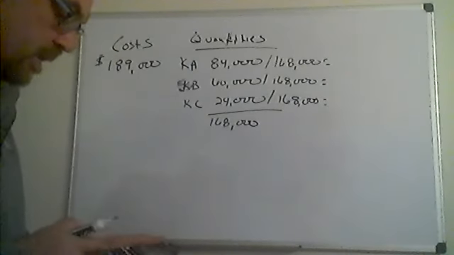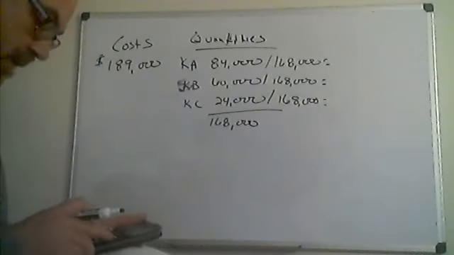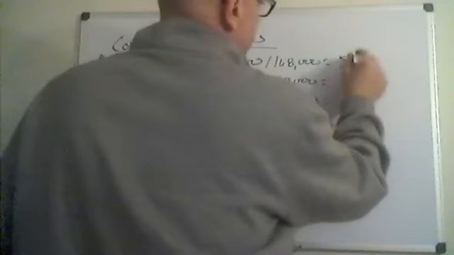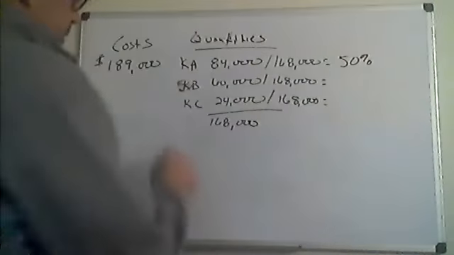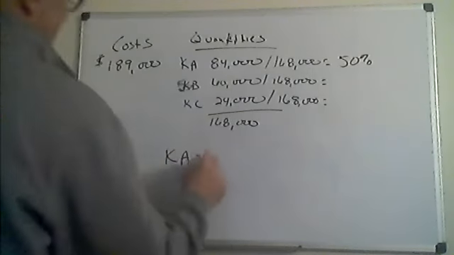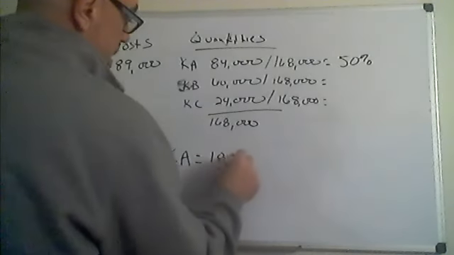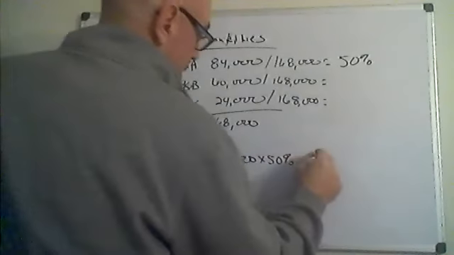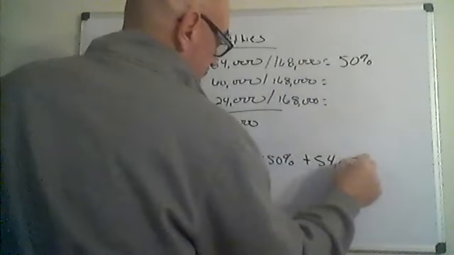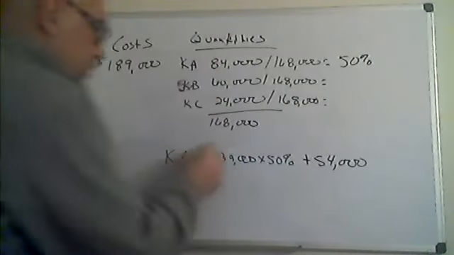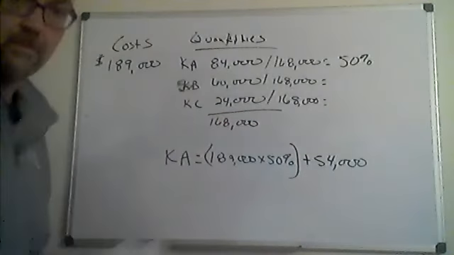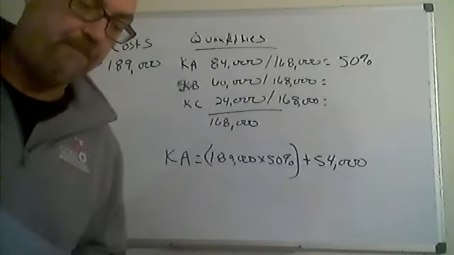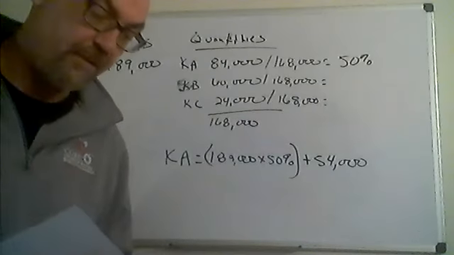Ka was 84,000 units of 168,000, so that is exactly 50%. The question does say that there's going to be an additional 54,000 cost.